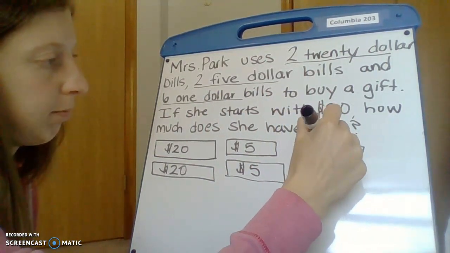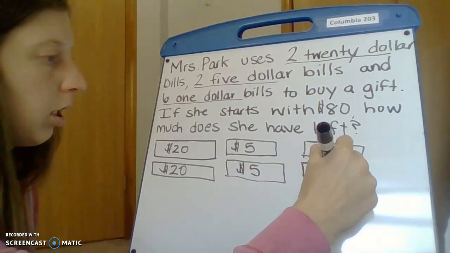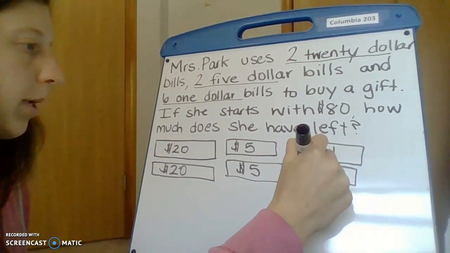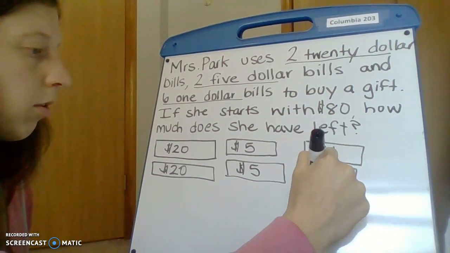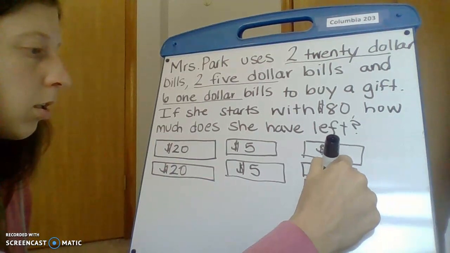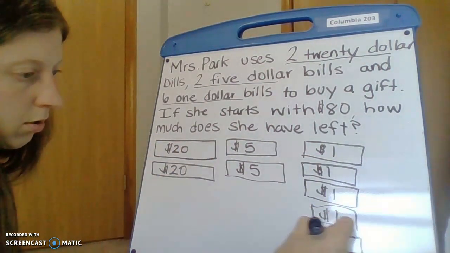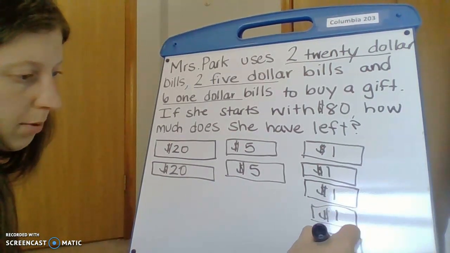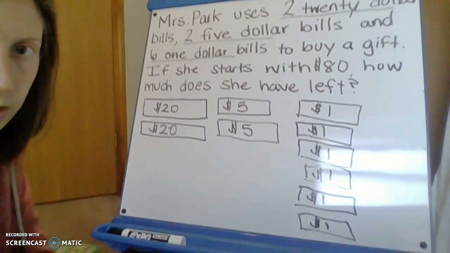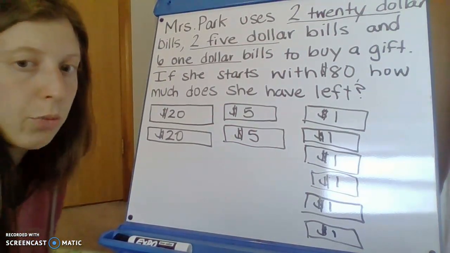I labeled this with 5 because it's a $5 bill. And I need six $1 bills. This is 3, 4, 5. Go back and label it. Okay. So I have those written down.